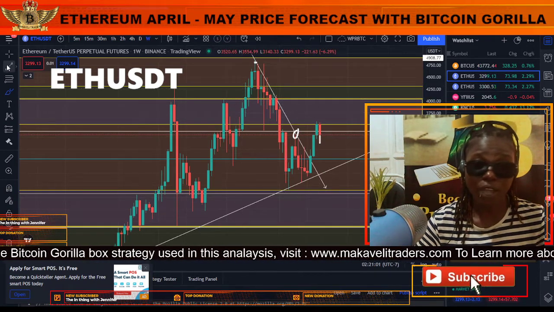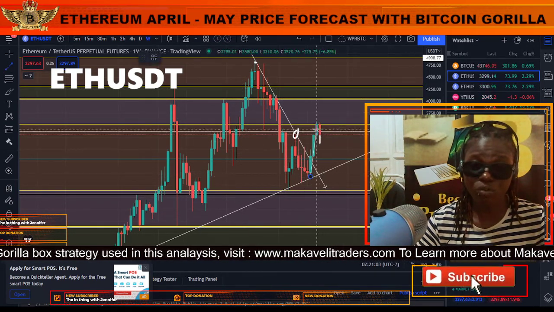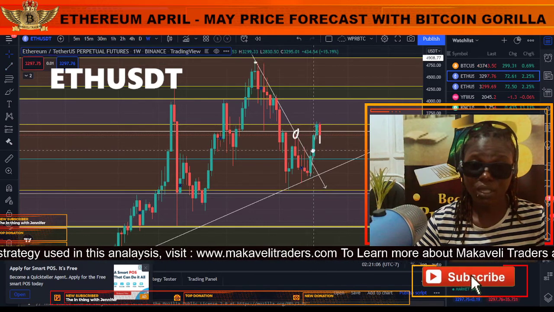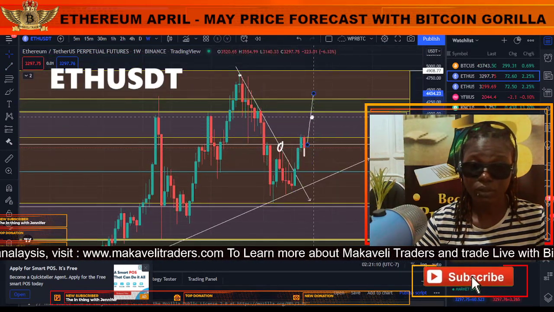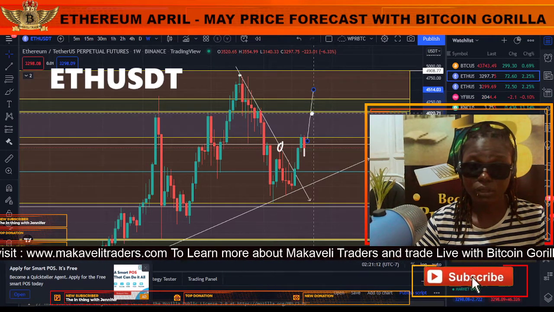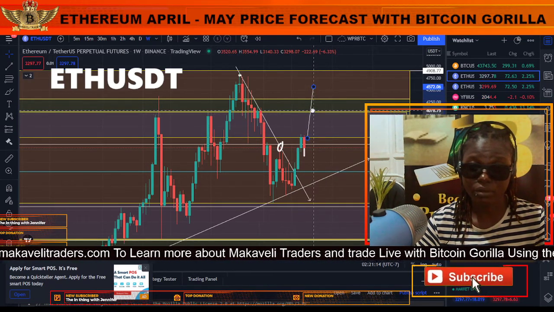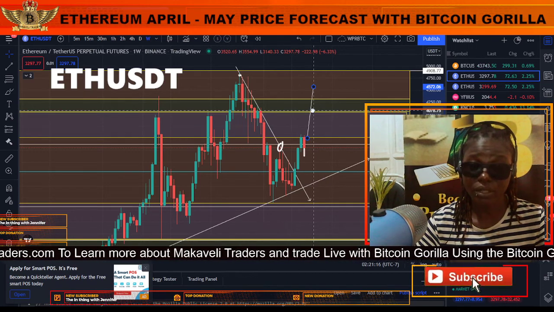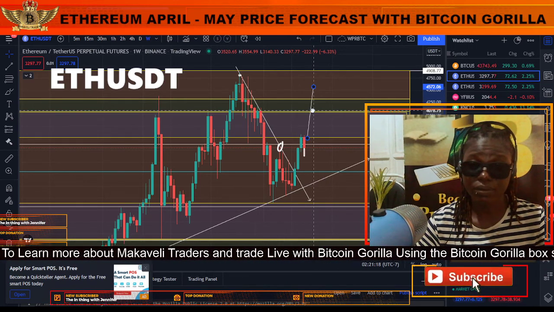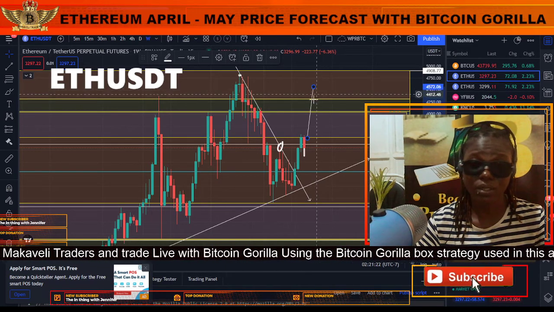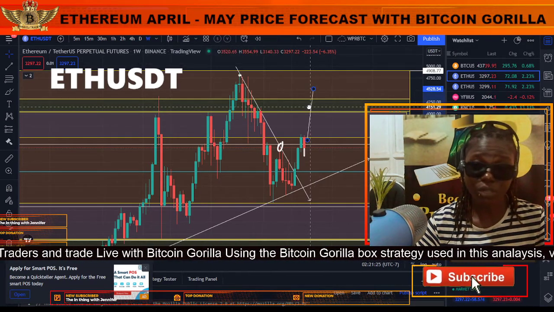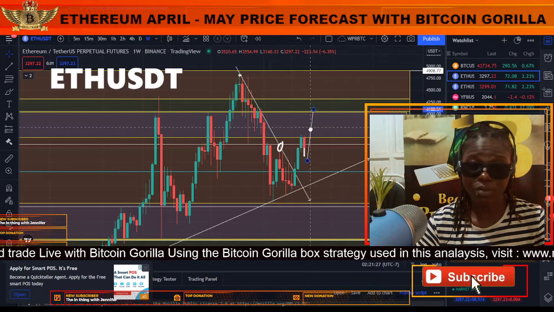So I could get this measured move of this by the time they break above it. That is very interesting. Ethereum is still very bullish, I must tell you. Ethereum is still very bullish.